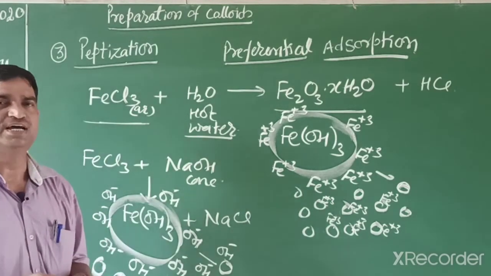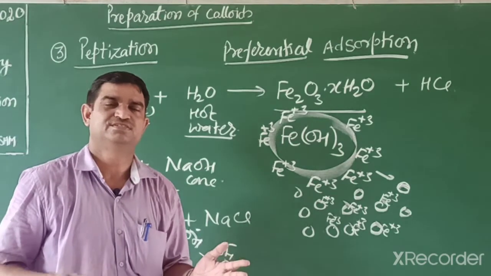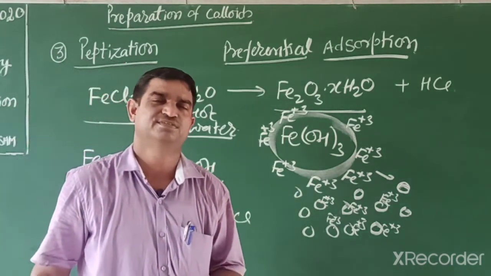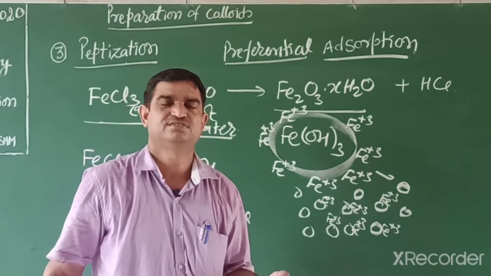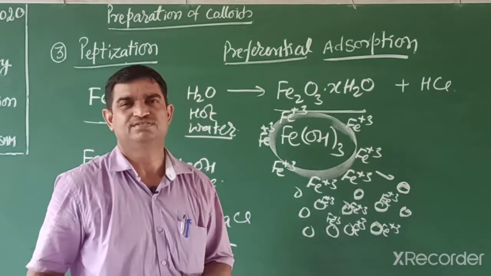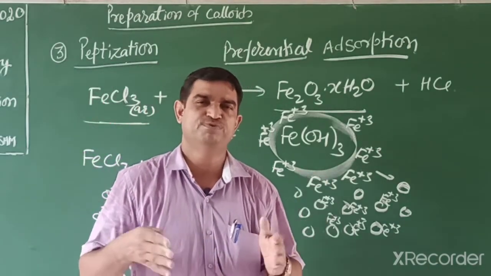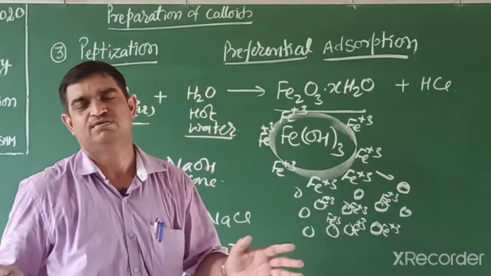So now we summarize. By chemical methods there are 4 methods: double decomposition, oxidation, reduction and hydrolysis. Another is the Bredig arc method, electrical disintegration, where we immerse a rod of any metal in a bath surrounded by ice cubes.